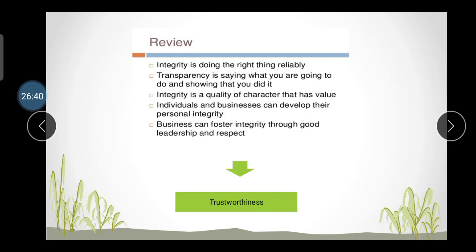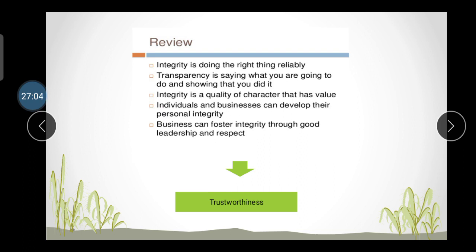So, a review regarding integrity, transparency, and honesty: integrity is doing the right thing in the right way. Transparency is saying what you are going to do, showing it to others. Integrity is the quality of character that people find in whatever work you do.